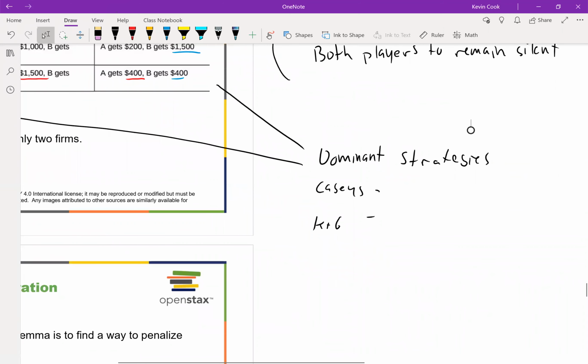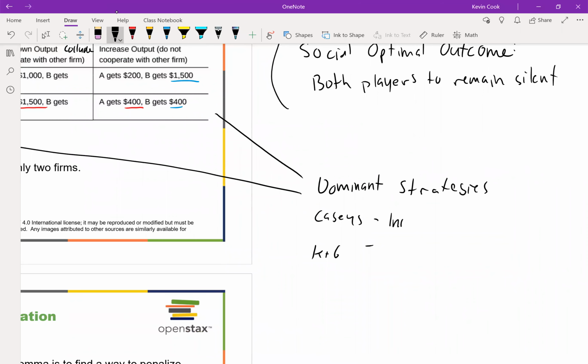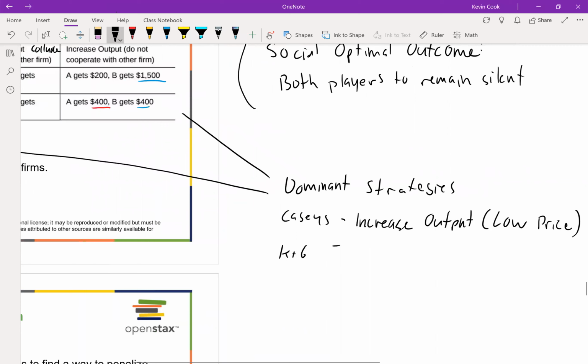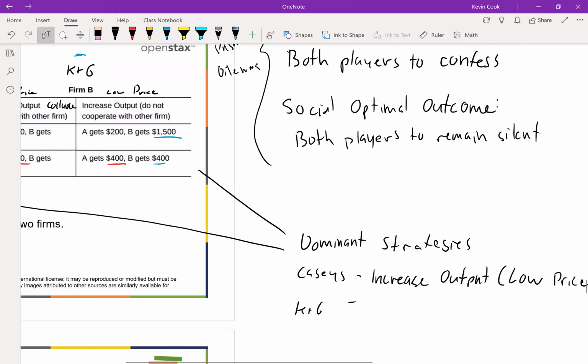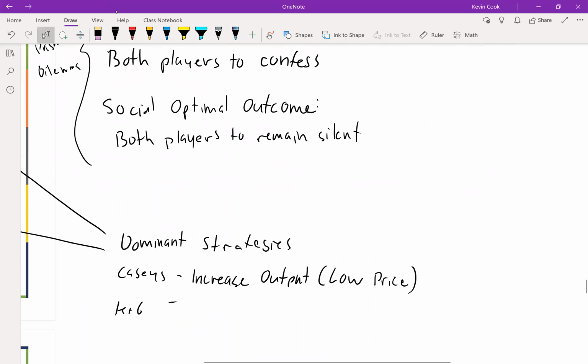So Casey's was going to, to keep with our notation, increase their output, which also means they charge a low price. And Come and Go, we see they're going to do the same thing. If they act in their own self-interest, they're going to increase output or charge a low price.